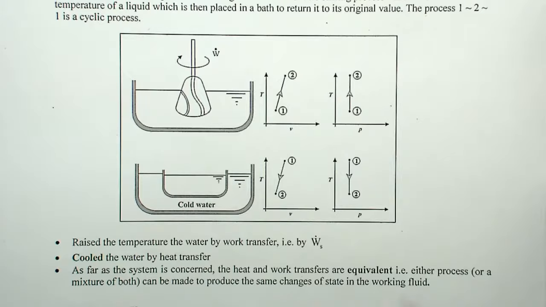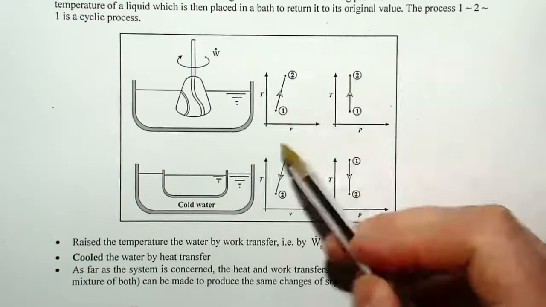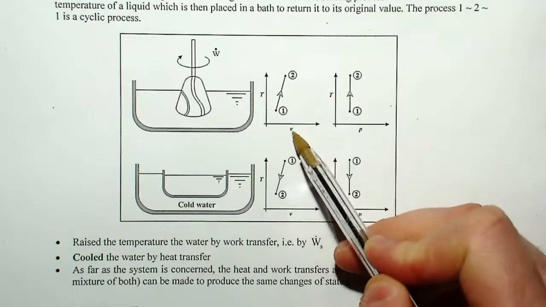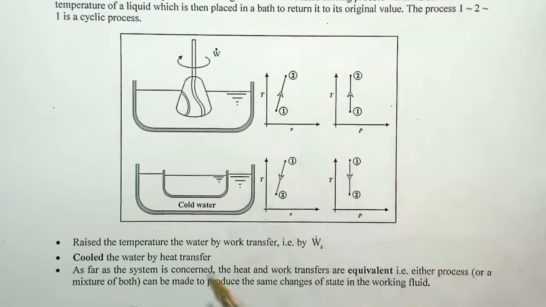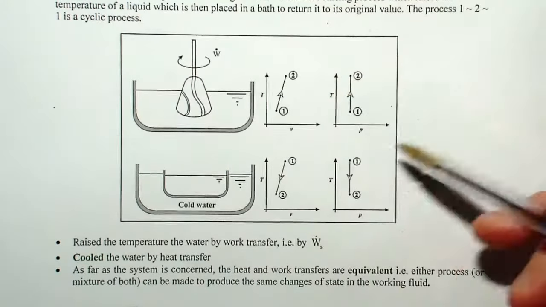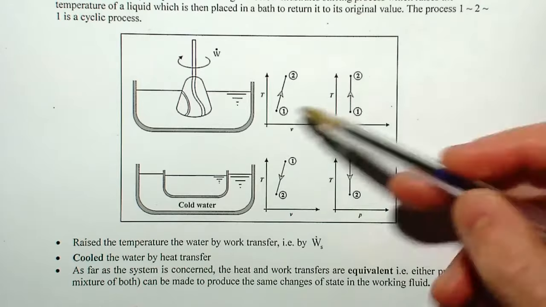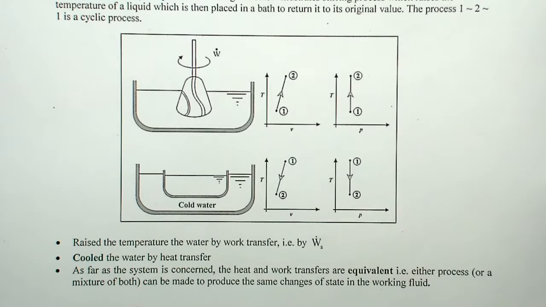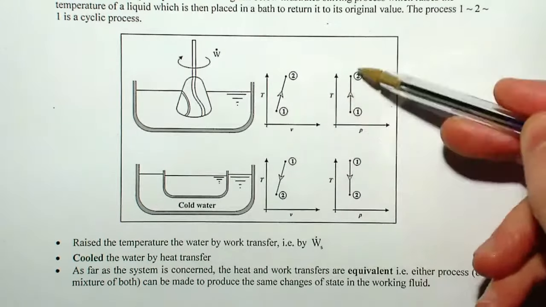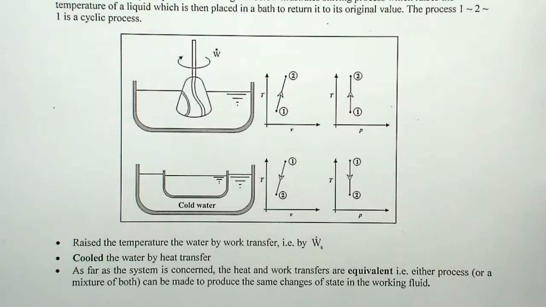If you think about these two diagrams, here I've got temperature and the specific volume, small v, and here we have temperature and pressure. Naturally, the temperature has to go up, because as you start doing this work inside the fluid, you know that the temperature of the fluid will rise. In this case, because this is an open tank, you're not going to pressurize the water or this vessel.